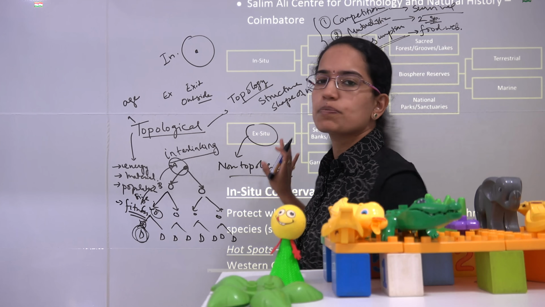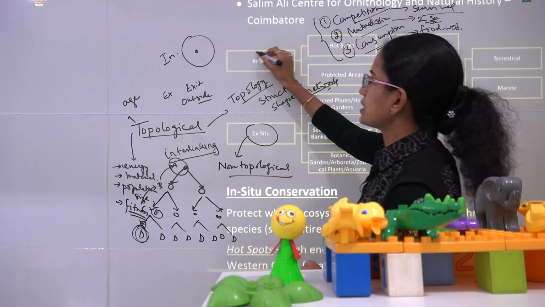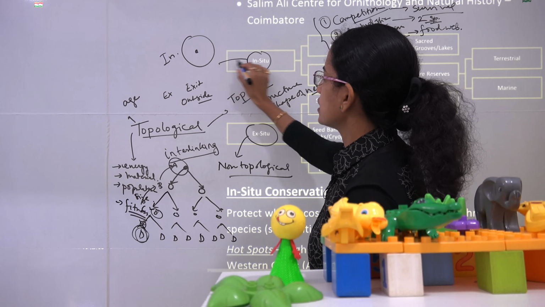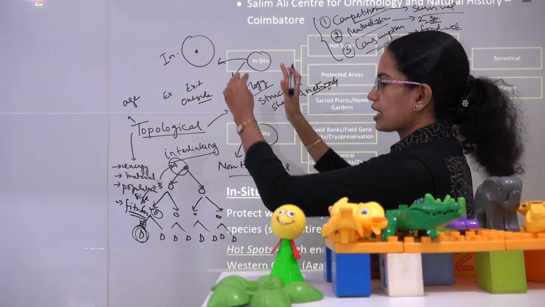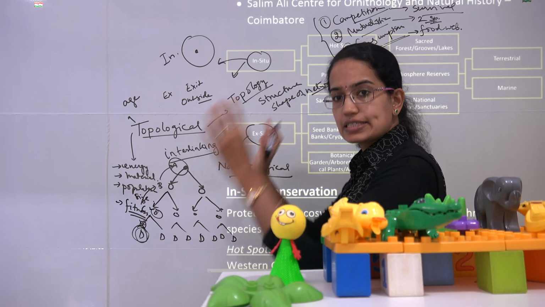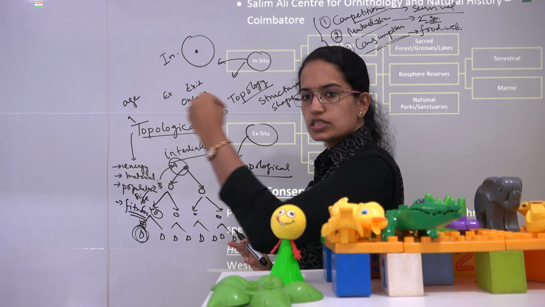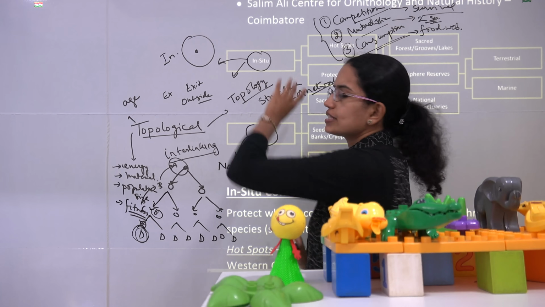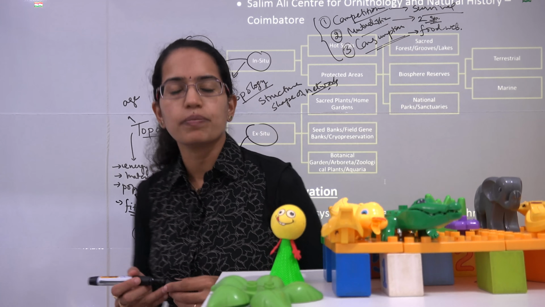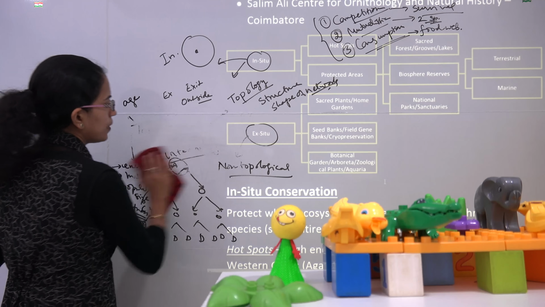So ex-situ is primarily non-topological conservation. However, when it comes to in-situ conservation, it could be either a topological conservation where you are trying to, where the natural surrounding itself maintains a kind of hierarchy, or try to conserve one species for the benefit of the other and so on. But this in-situ conservation can also be non-topological in nature. So that's very important to understand.